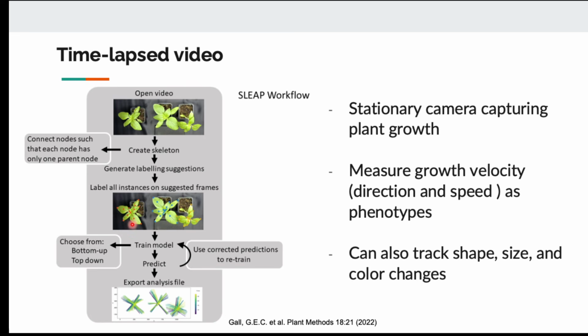Maybe it grows more leaves, maybe the leaves get larger, and maybe you give it more fertilizer, or maybe you remove the fertilizer, and you can see how the plants change. The color may change, or the size may change. Nowadays we have software libraries that allow you to put in these time-lapse images, and they will extract the shape, the size, and the color of the plant, and give you a visualization of the change over time that you can use.